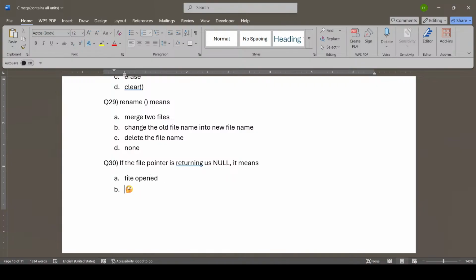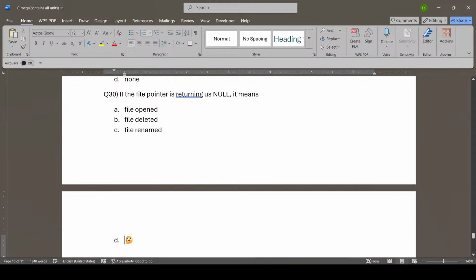Next is there, file deleted. Next is your file renamed. Next is a file not opened.